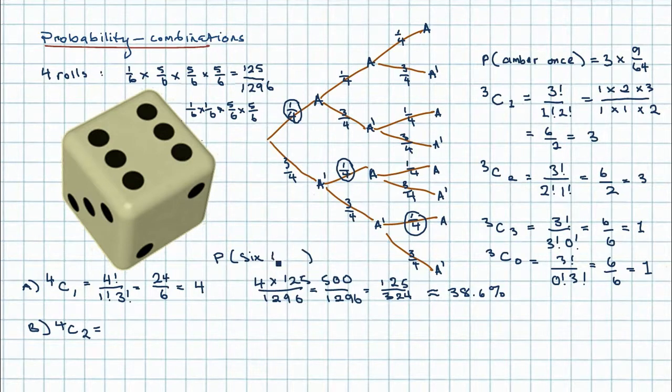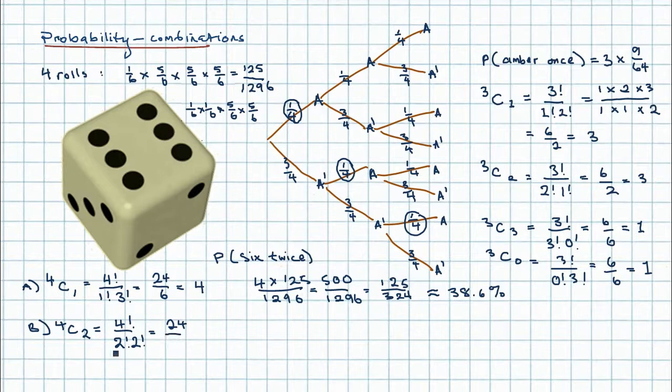6 coming up twice. Okay, so the probability of 6 coming up twice is going to be, for the number of combinations anyway of this, 4 factorial over 2 factorial, and the complement of 4 and 2 is again 2 factorial.